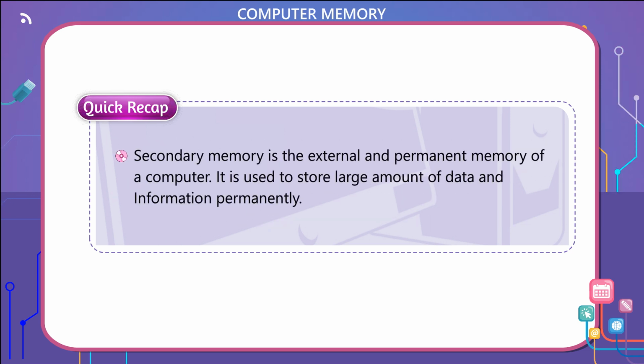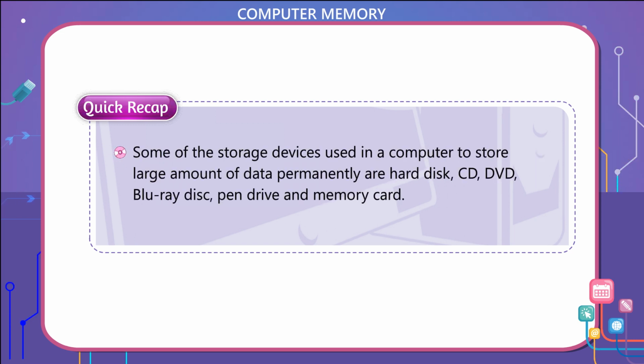Secondary memory is the external and permanent memory of a computer. It is used to store large amount of data and information permanently. Some of the storage devices used in a computer to store large amount of data permanently are hard disk, CD, DVD, Blu-ray disc, pen drive, and memory card.